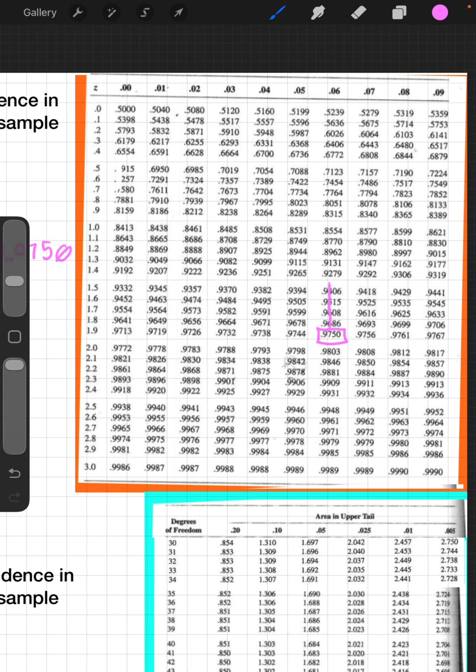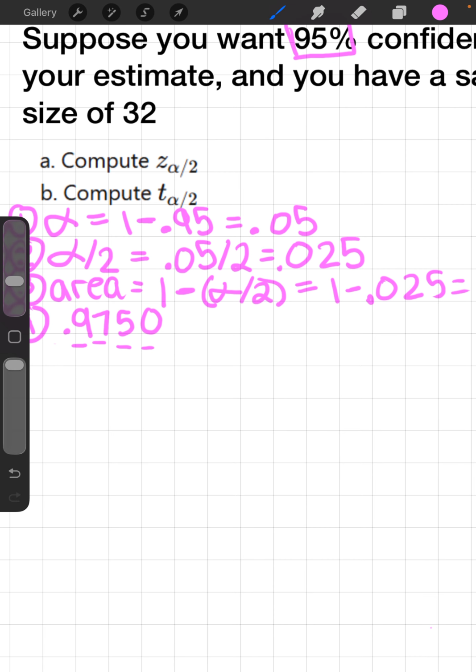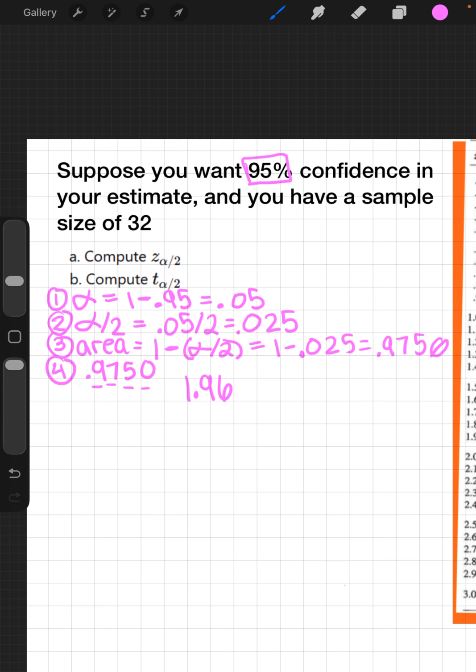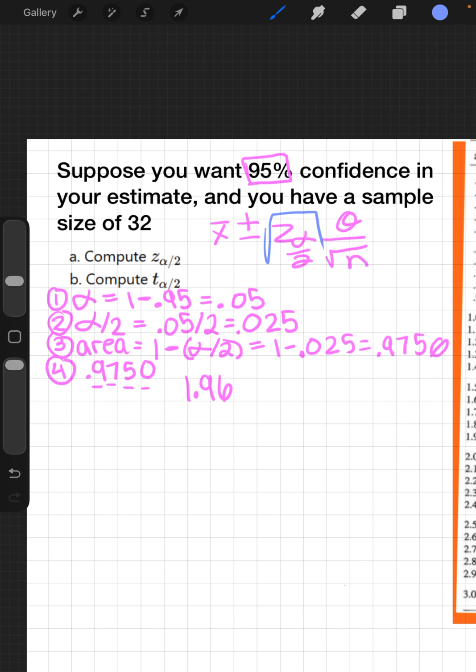That is 1.96. So how we would use this number is mean plus or minus z alpha over 2, and right here we're going to put in 1.96, and then we go on with our problem.